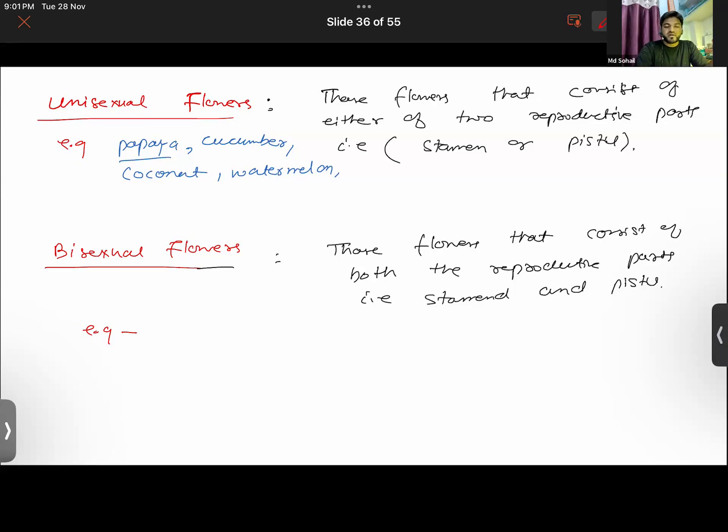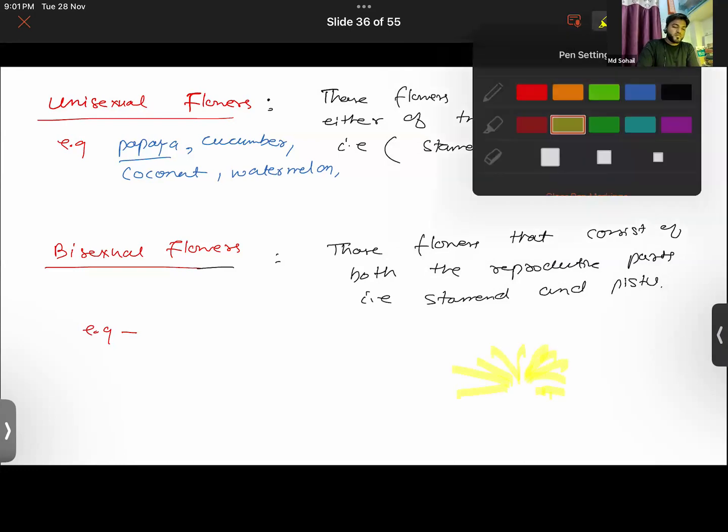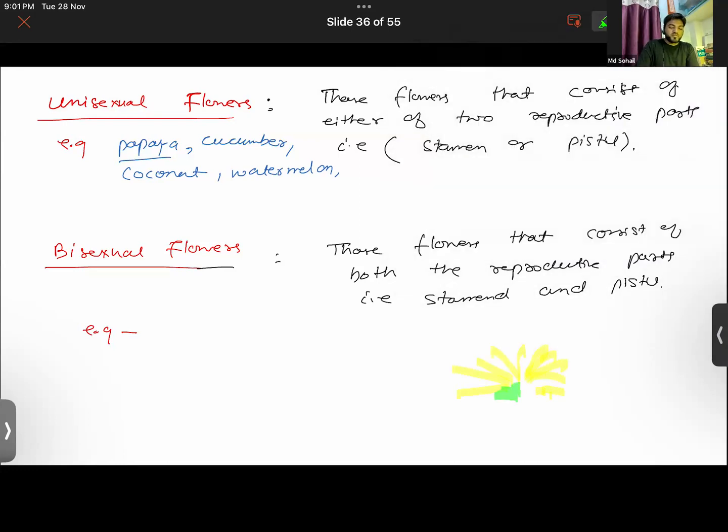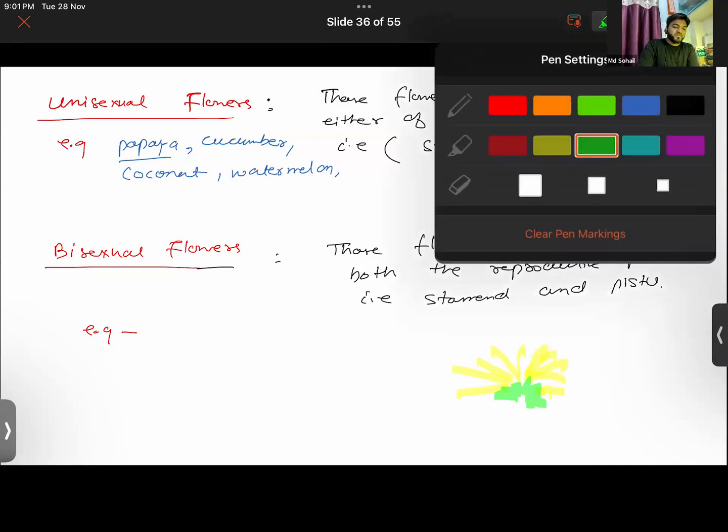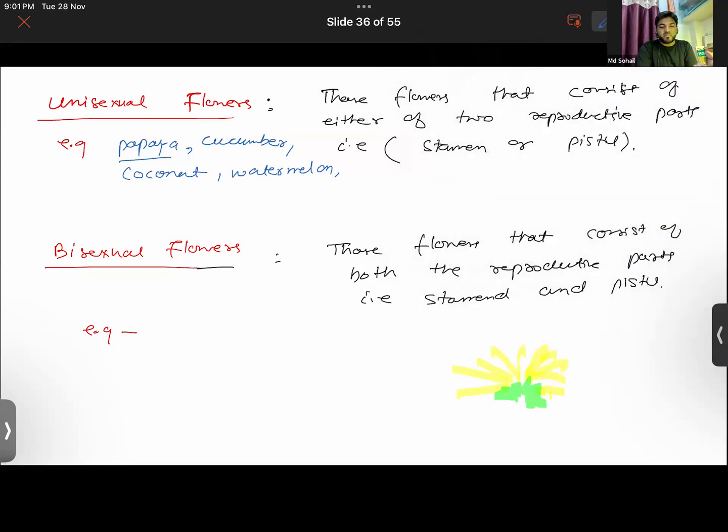You all know what a dandelion flower looks like. When you separate the petals, you won't find a main carpel in it, so it is a unisexual flower. We can include that over here.